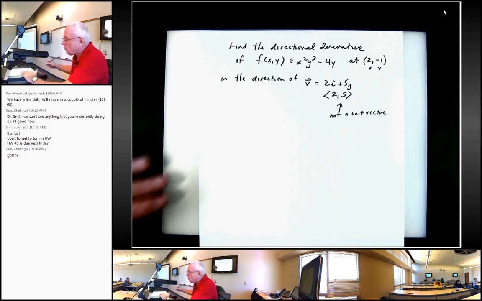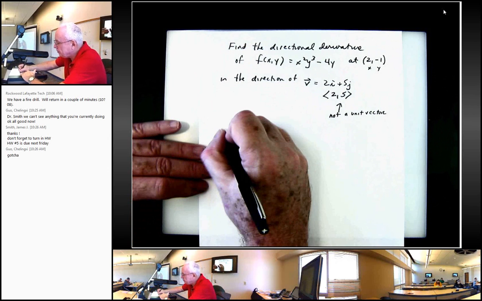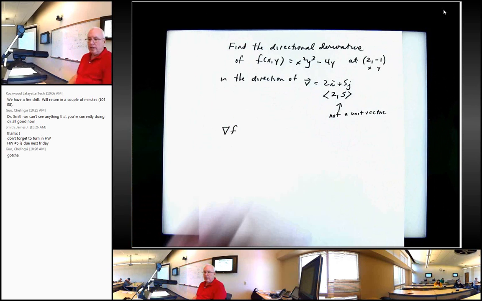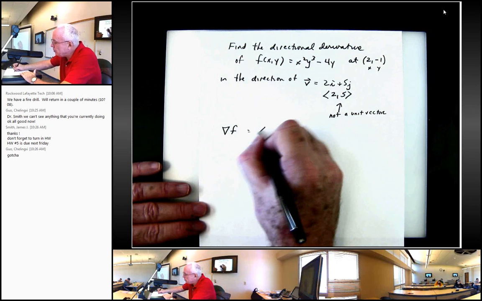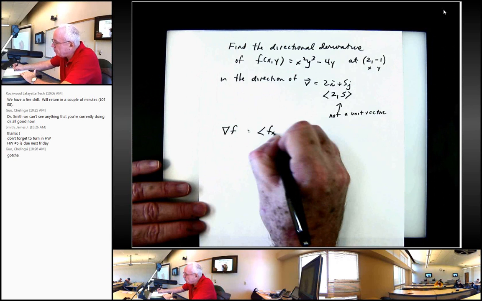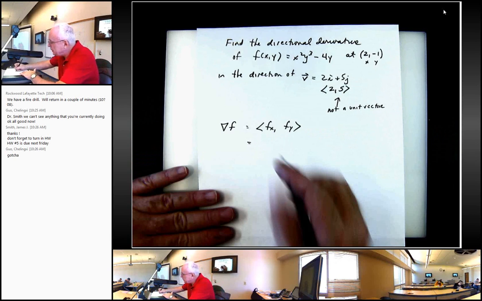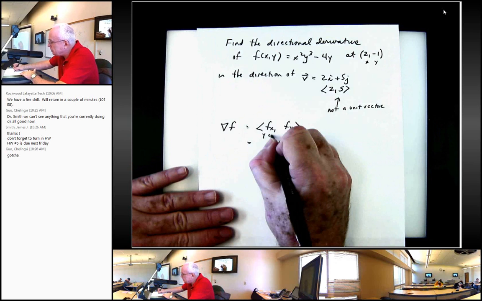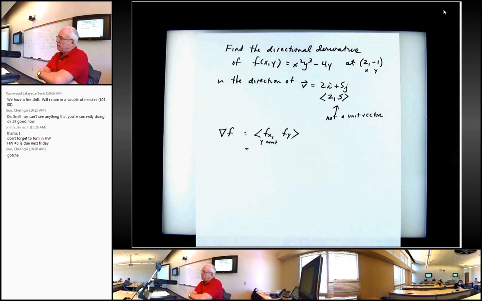Okay, so of course we need to get the gradient. So let's get del f here. That's fx comma fy. So for fx, we're going to be treating y as constant. So I think the first term is going to become 2x y to the third.